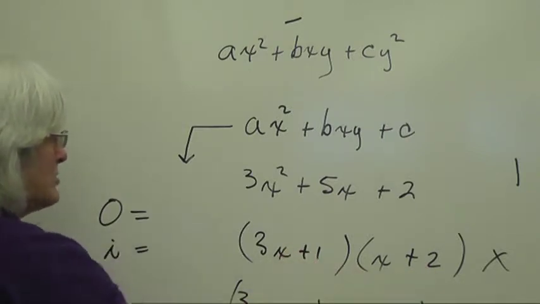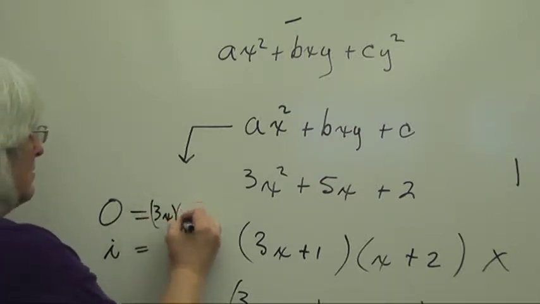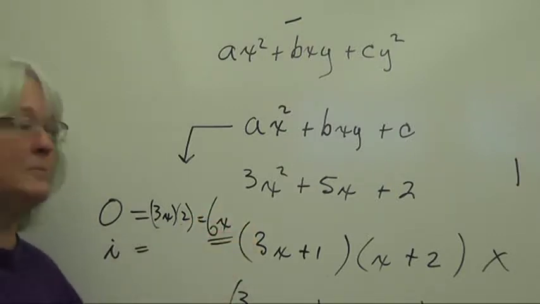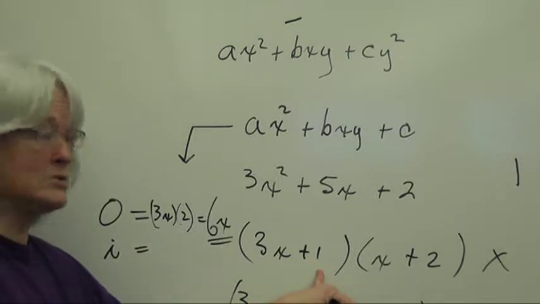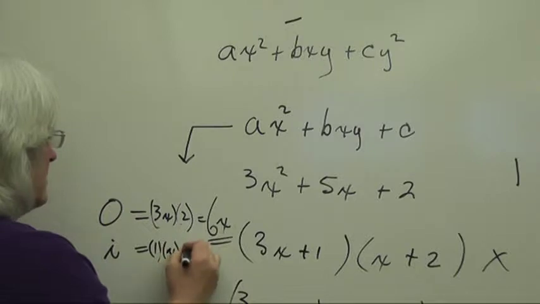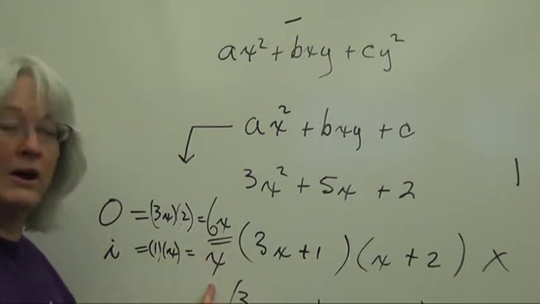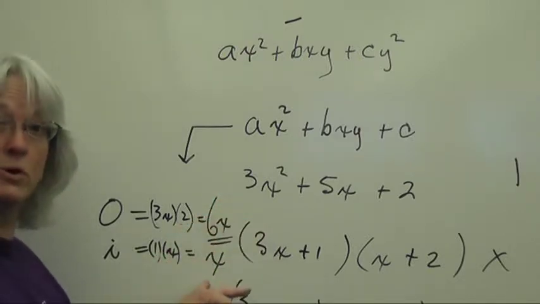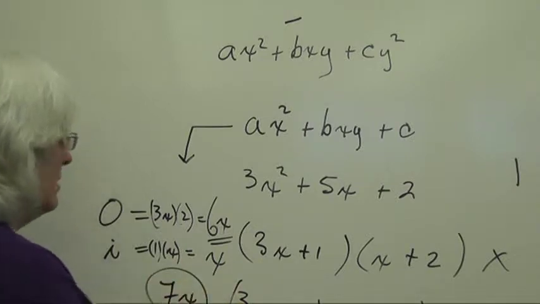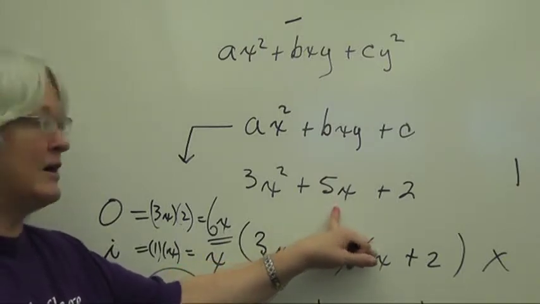Well, the outer partial product is 3x times 2, which is 6x. The inner partial product is 1 times x, which is equal to x. When you find the sum of these two partial products, 6x and x, you have 7x. Well, are we looking for 7x as our solution? No, we need the 5x.